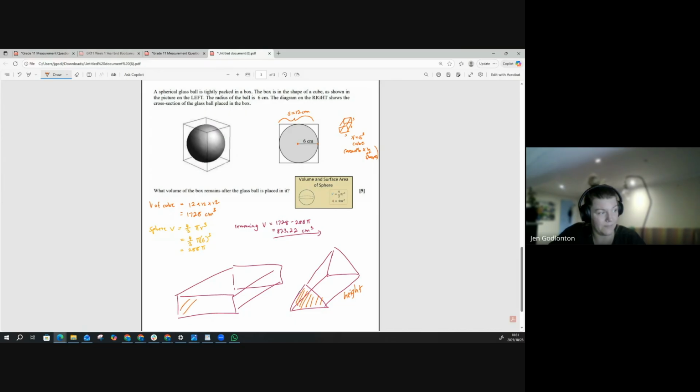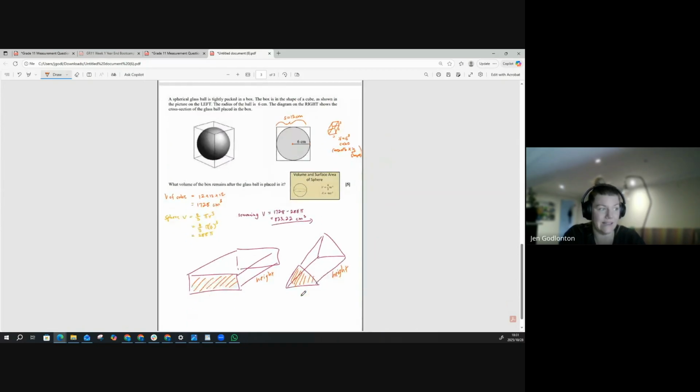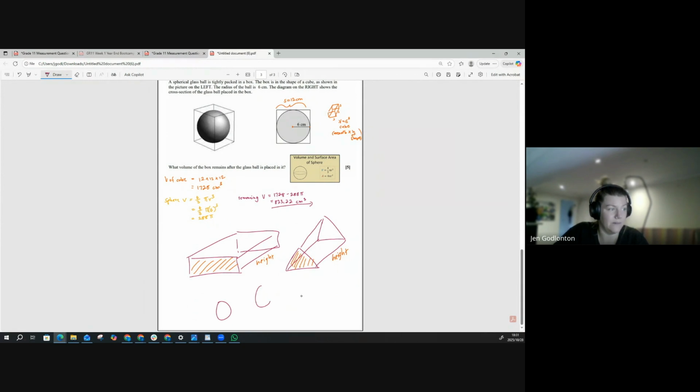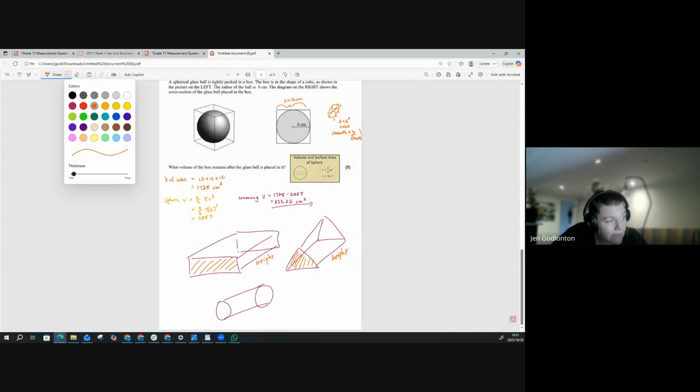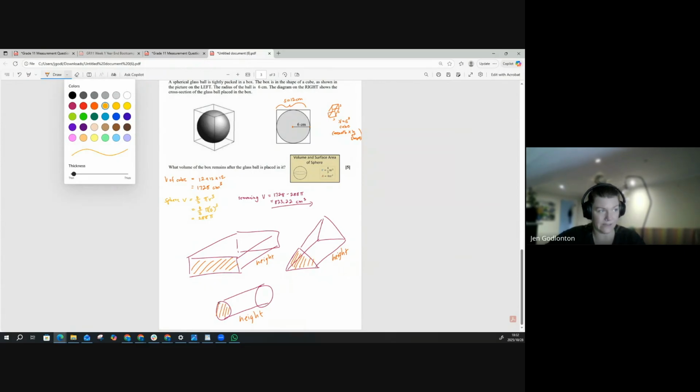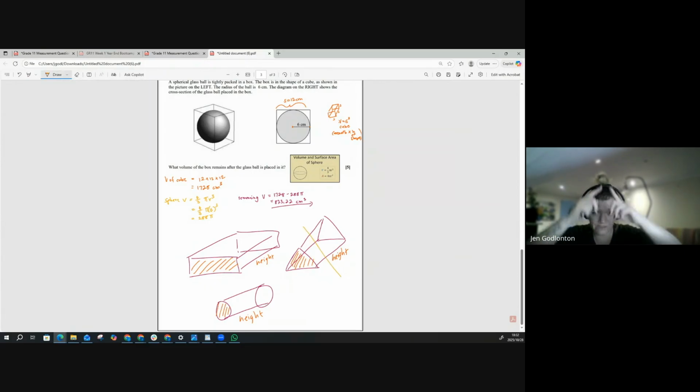So in here, there is my base. This is my height. If you do a cylinder, it's exactly the same idea. The cylinder is the exact same thought. All it is is the area of the base times the height. So as long as the shape is the same throughout itself, like if I did a cross section through any of these, like if I cut that halfway through, I'm going to still see a triangle.